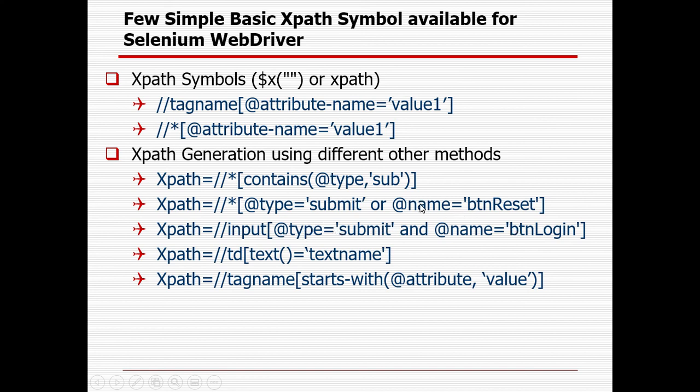In case you know there are multiple attributes, but one attribute's value can change, you can use the OR operation, where one value is replaced by another value, and you can uniquely identify the XPath. And definitely for a link or hyperlink, sometimes with the help of text you can create the XPath, where you can use contains and starts-with for the text as well. So these are the different ways we can create your own customized XPath.